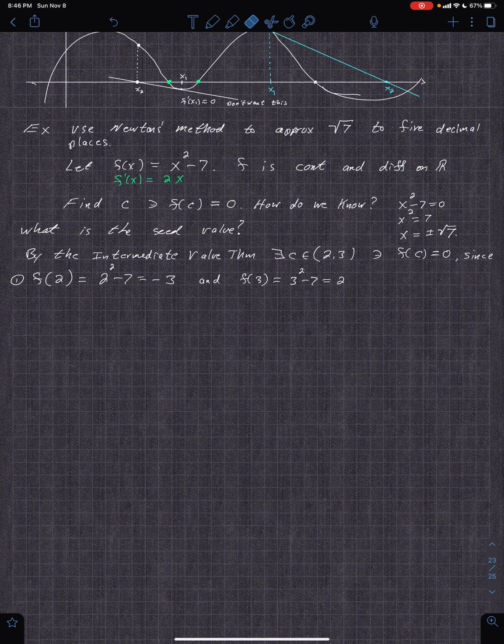Actually, let me draw a better graph than that, at least for the first explanation. So if you were to graph this thing roughly, you know it's down 7. So 2, 4, 6, 8. So right, say here.